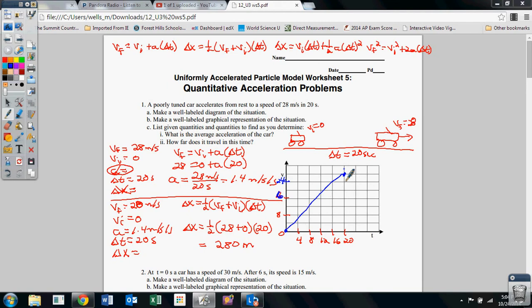And now how does this relate to the two problems? Well, in the first one, you can see we end up taking the change in velocity over the change in time, or calculating the slope. So we know that the acceleration is equal to the slope, and we know that the displacement is equal to the area.